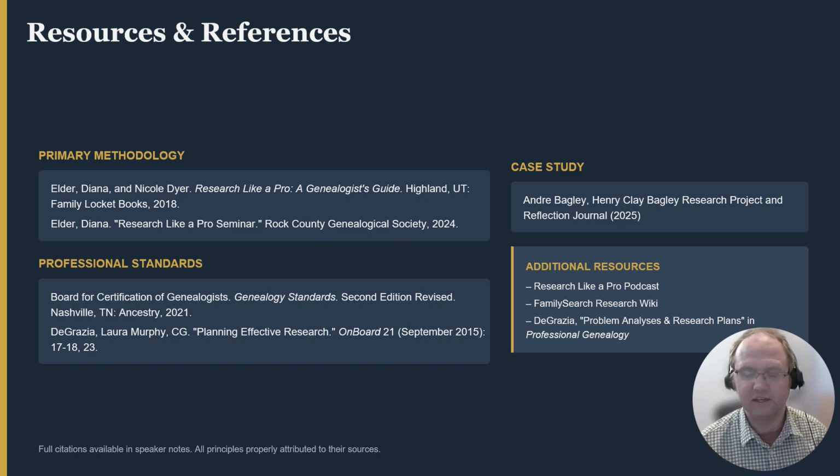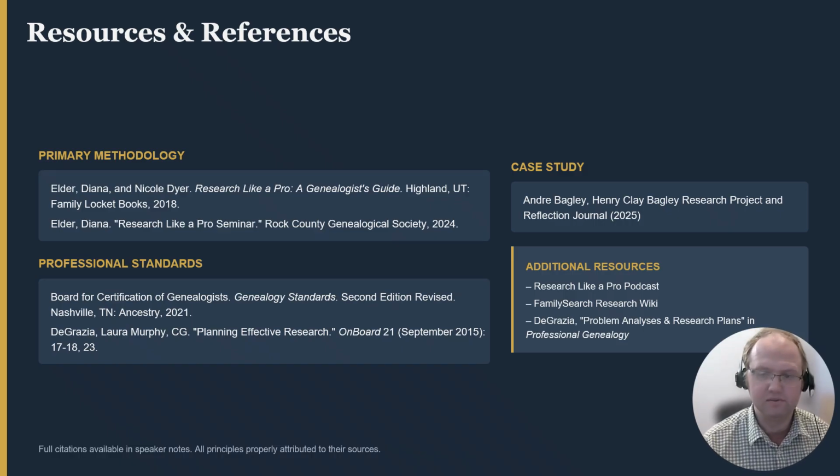I'd also advocate looking at BCG's genealogical standards, particularly standards 13 through 18. These provide professional expectations for research planning. Even if you're not going to get a certification, they provide an excellent framework for proper research. Also, DeGrazia's Planning Effective Research provides practical insights from a working professional.